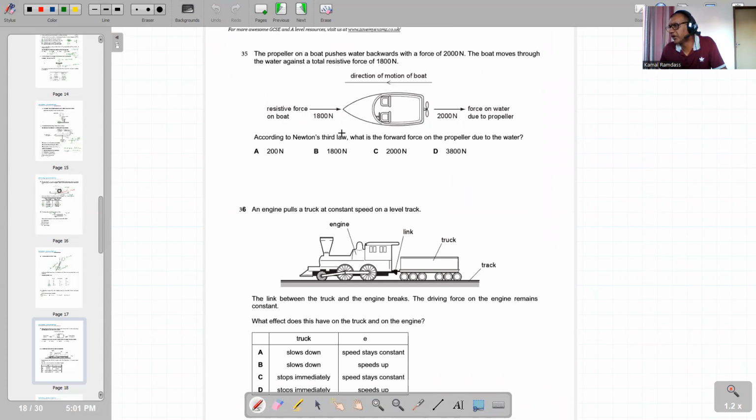Et ça veut dire, maintenant, force of propeller 2,000 newtons, ça veut dire the thrust is 2,000 minus 1800, qui est égal à 200 newtons. What is the forward force on the propeller due to the water? C'est 200 newtons.